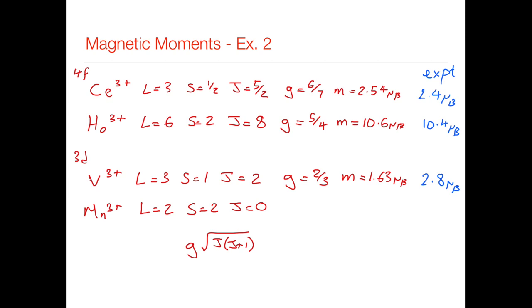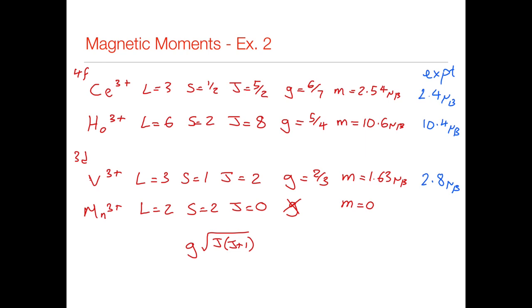The formula that we used isn't really valid for J equal to 0. But on the other hand, the magnetic moment doesn't exist. So according to the prediction, we don't actually need to really understand what G is at that point. So we ignore G, and M is 0 because there's no magnetic moment.